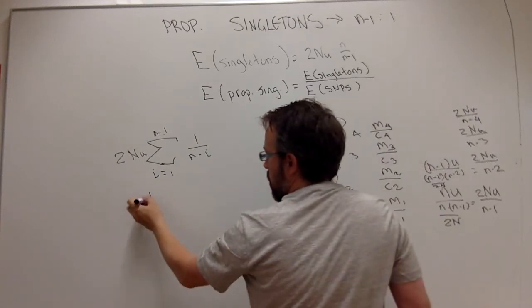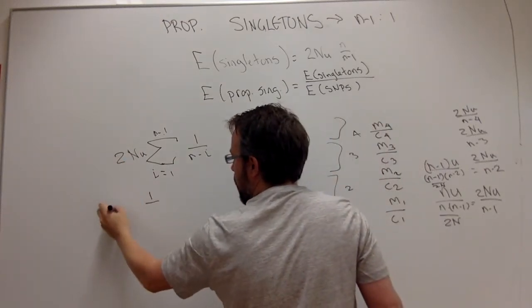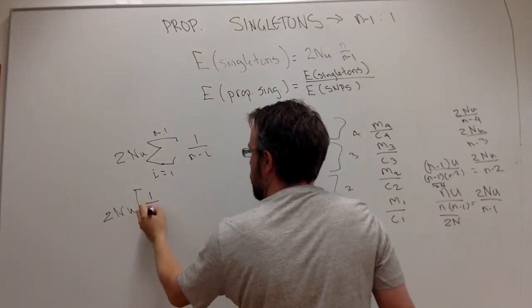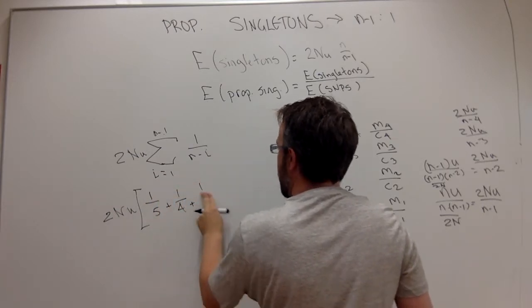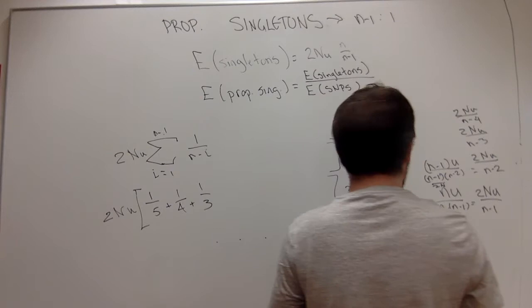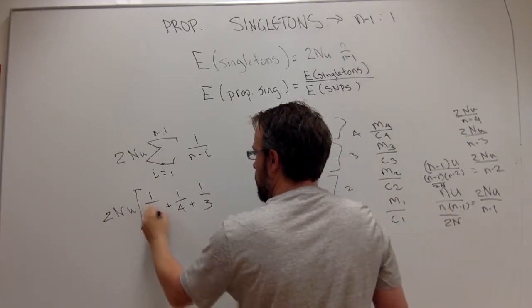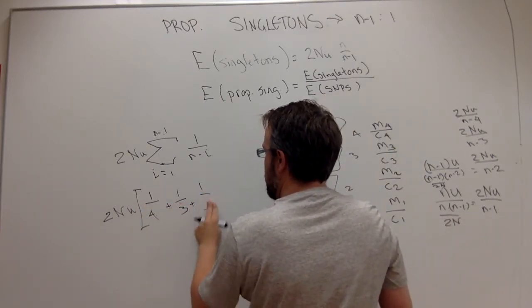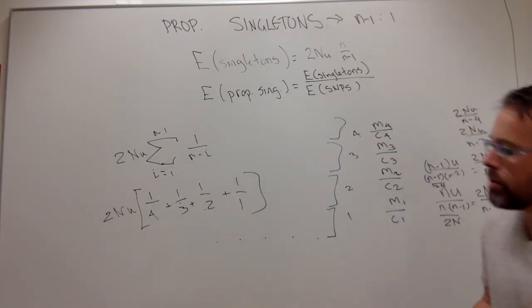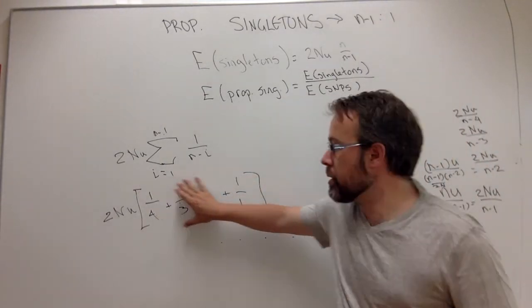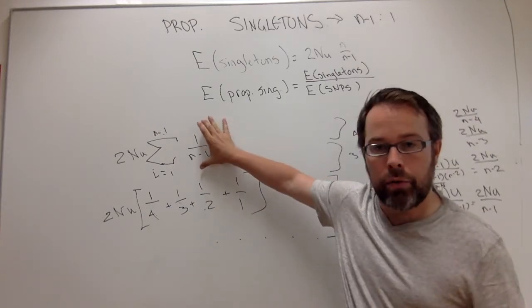So it's going to be 2nu times 1/4 plus 1/3 plus 1/2 plus 1 over 1. Okay, so I don't know a simpler way to write this except for in its form here.